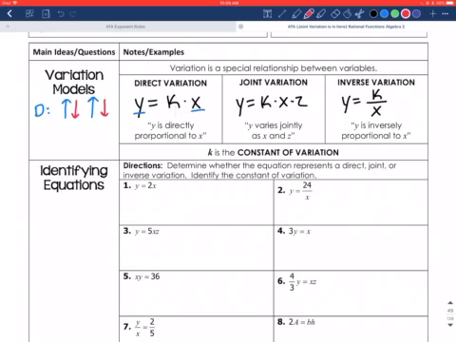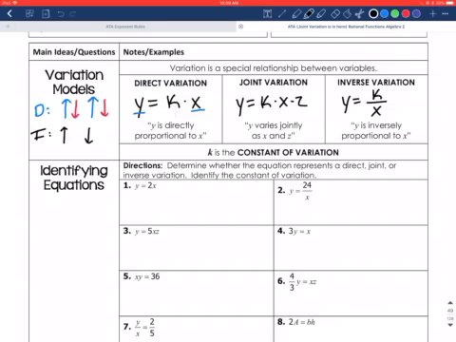Now, inverse variation will be a little different. Inverse would be as one goes up, the other goes down. In other words, think about speed.